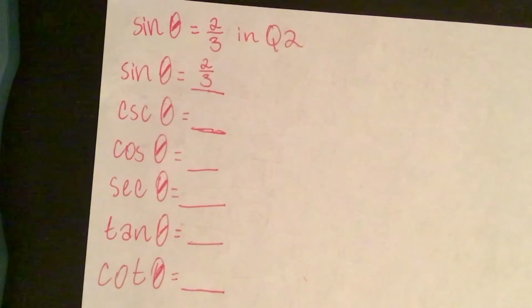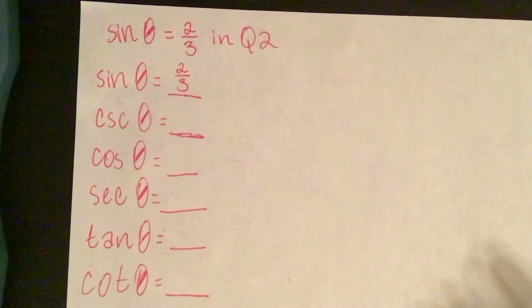In the third quadrant, we know that tangent and cotangent are going to be positive, and in the fourth quadrant we know that cosine and secant are going to be positive. So as long as I remember sine, cosine, and tangent, and I remember their opposites, that's pretty much how I memorize which ones are positive and which ones are negative in the graph.